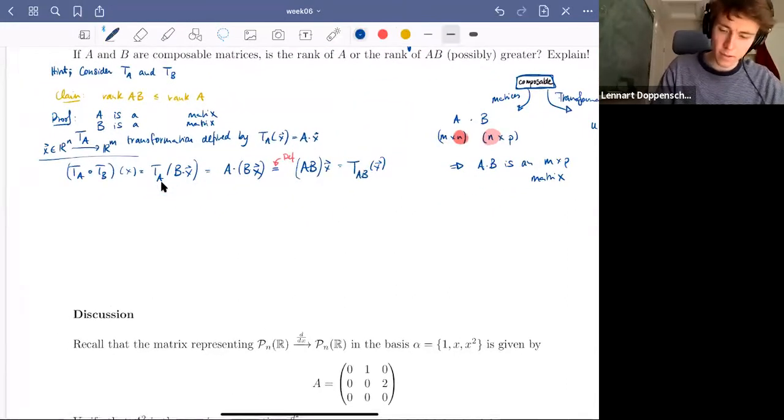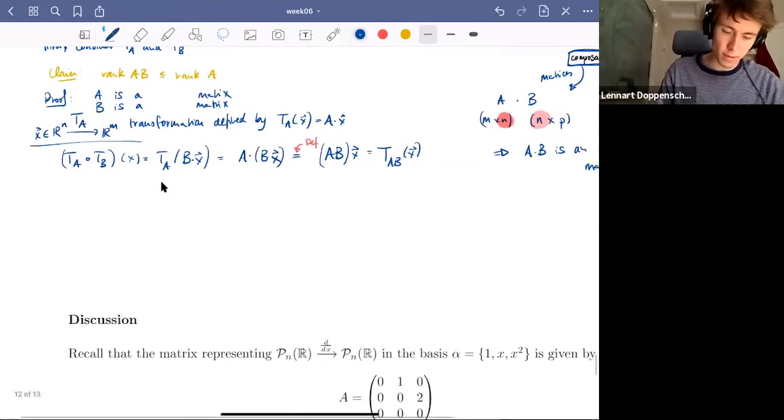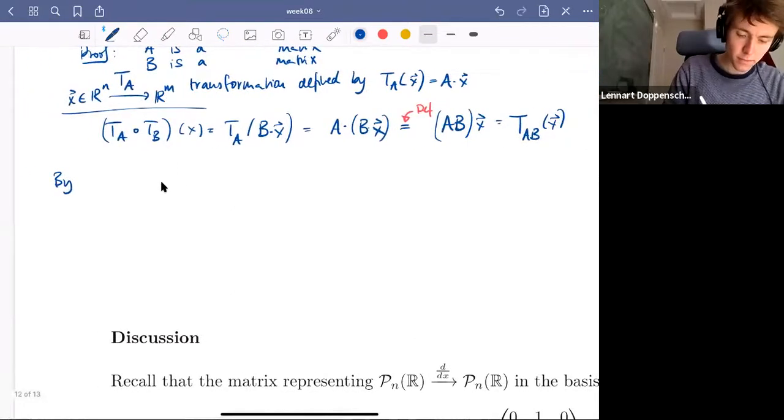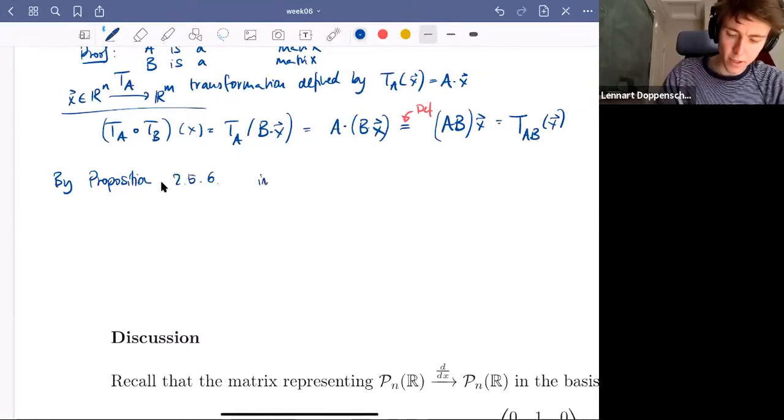So by proposition 256, the image of T_A composed with T_B is contained in the image of T_A.